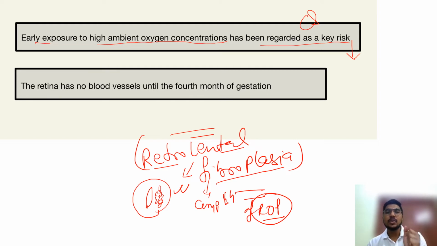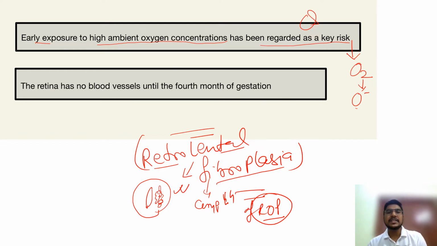What does this higher concentration of oxygen do? First, this causes singlet formation of O2, oxygen radicals, and they can all cause damage.